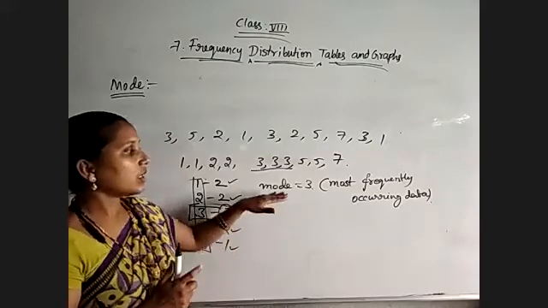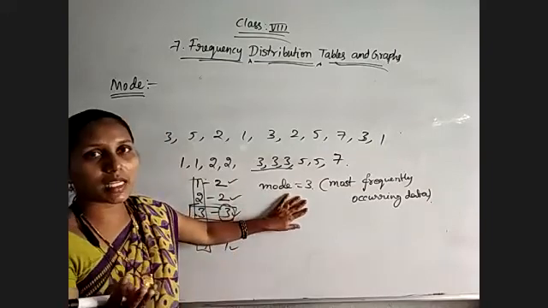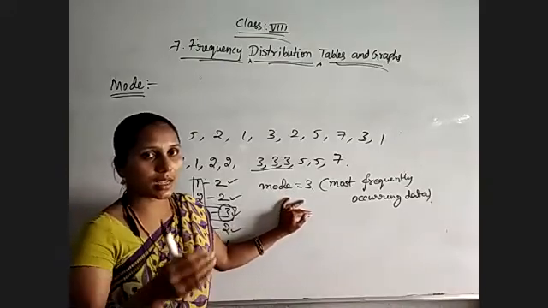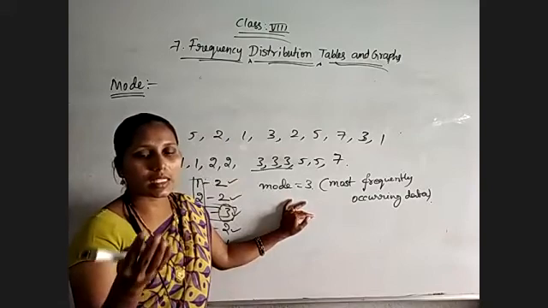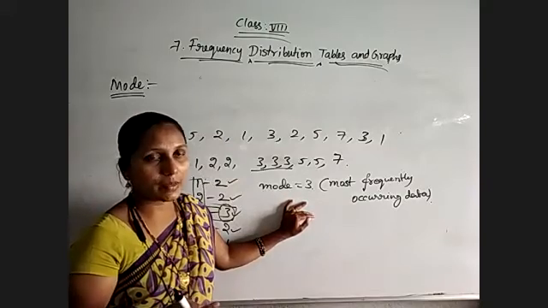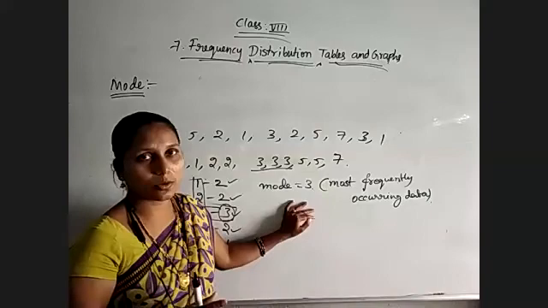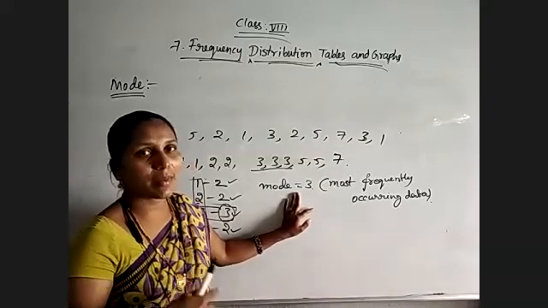Mean is the sum of observations divided by the number of observations; the entire average we need to take. For median, exactly the middle value we need to take. For mode, we must take the one which is coming more number of times.